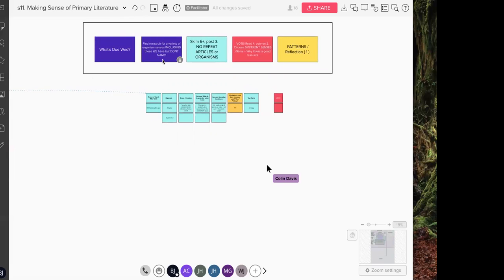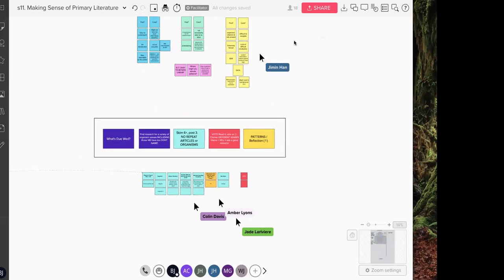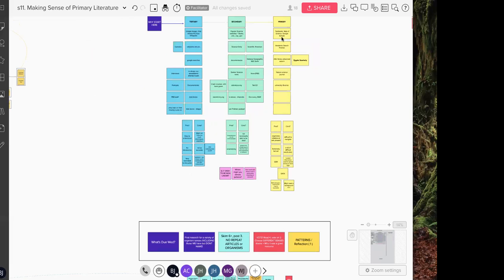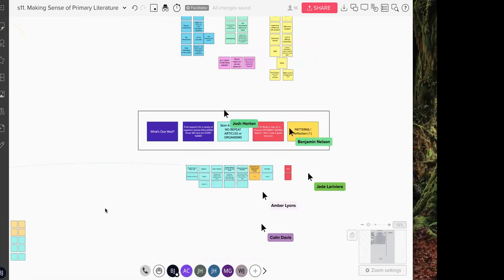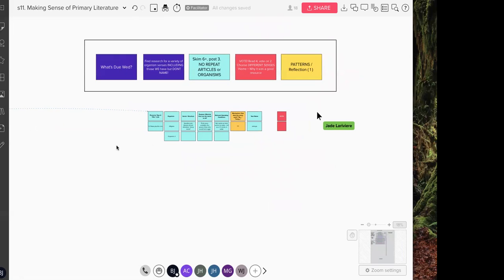I want you to find a variety of things about organism senses. We're going to get into the academic literature Wednesday, so don't worry about that yet. I just want you to build your background here on the tertiary and the secondary. So we're looking at animal senses, migration, navigation, stuff that we didn't talk about already.